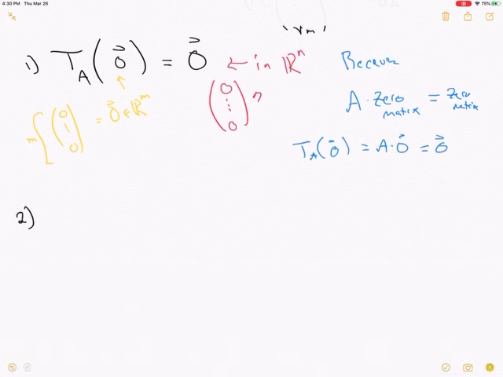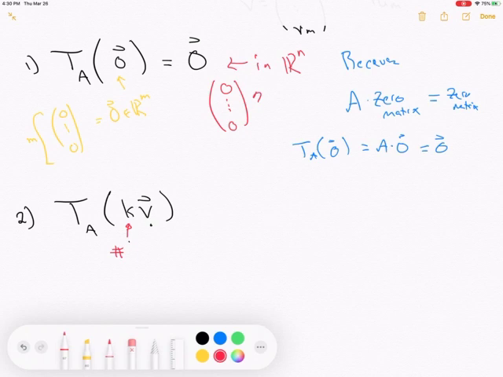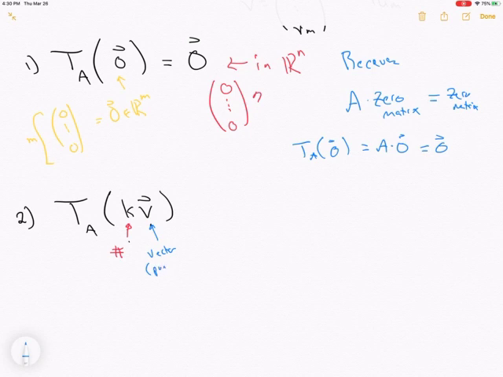The second property is that if k is a number and v is a vector, or a point in Rm, it's the same thing, then we can scale points.